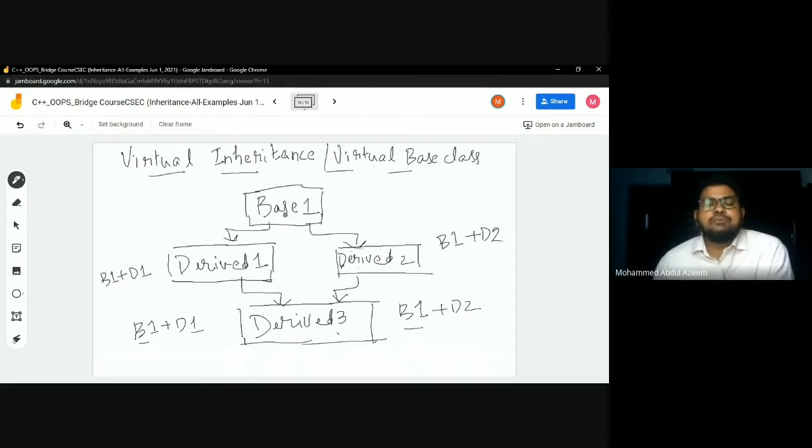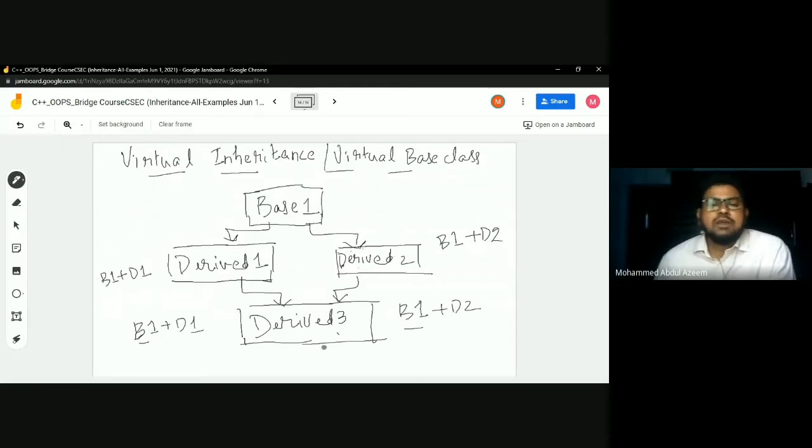One copy is coming from Derive 1, another copy is coming from Derive 2 of the same Base 1 class. So there is a possibility that the system may treat these two as different and may lead to some kind of discrepancies, right? So when you have duplicate data, you need to remove that duplicate. Yes or no? Otherwise, it may lead to some discrepancies.